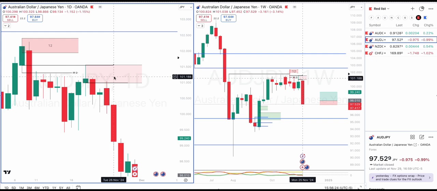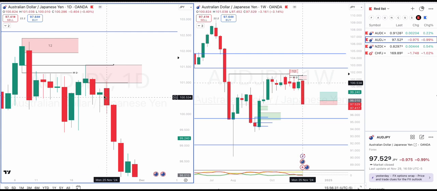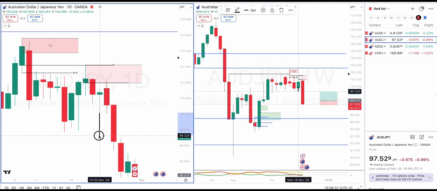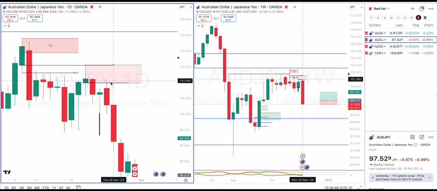The reason you are more confident about this is because JPY is acting strong. What I like to do is not put a limit order while this daily candle is being formed, because this can really just go up. Maybe it goes up and then this is the area where it reacts from, but it never went up.